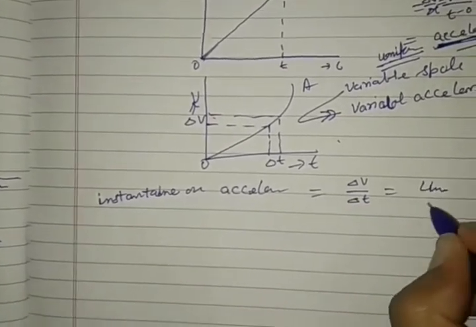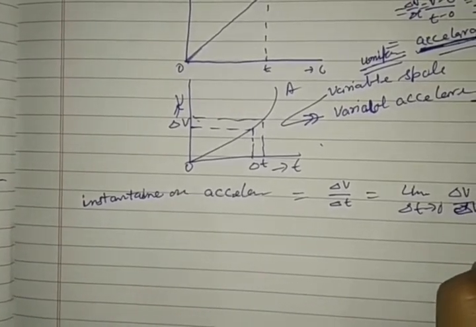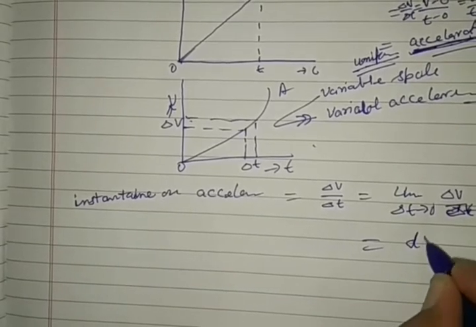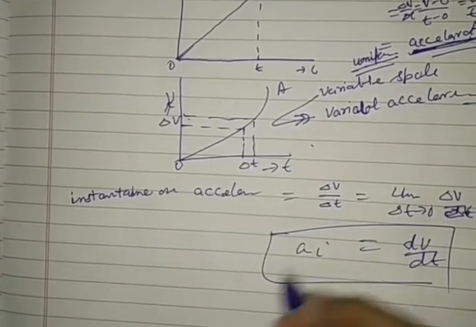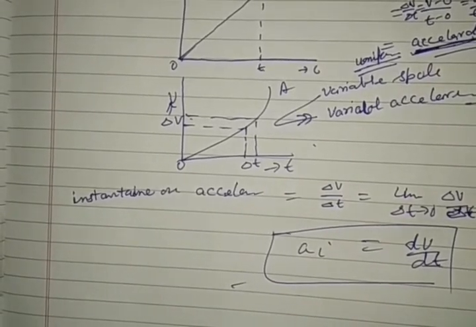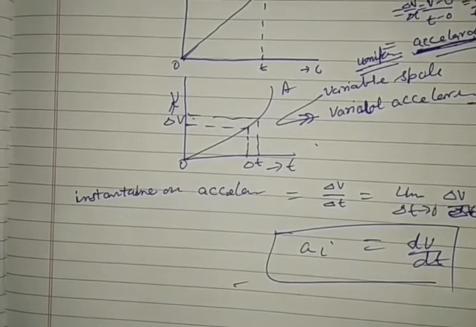This is the limit as delta t tends to 0 of delta v by delta t, which determines dv by dt. So instantaneous acceleration is dv by dt by this formula. It must be clear to everybody.